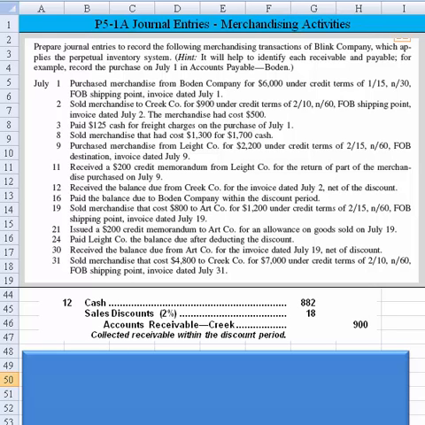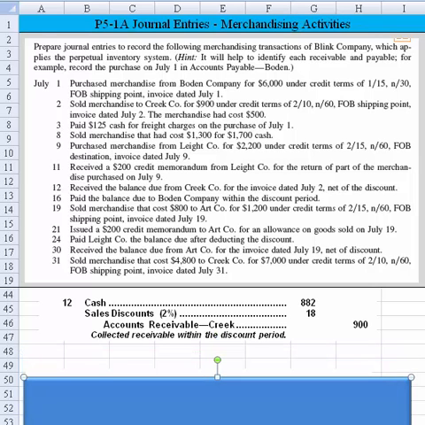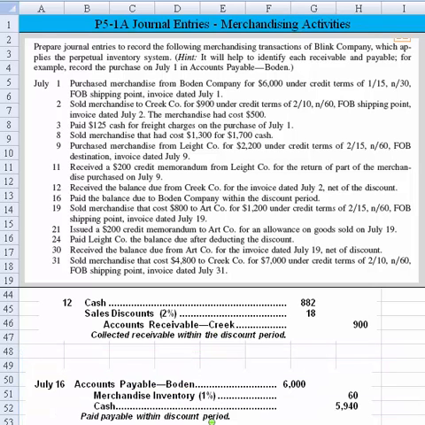Okay, let's look at the 16th. We paid the balance due to Bowden Company within the discount period. Okay, let me slide that down, and what we should see here, which we do see here, is that we're taking advantage of the discount. So instead of paying them the full $6,000 amount that we set up as our obligation, we reduce the full $6,000 obligation by debiting accounts payable, but we're taking a 1% discount.